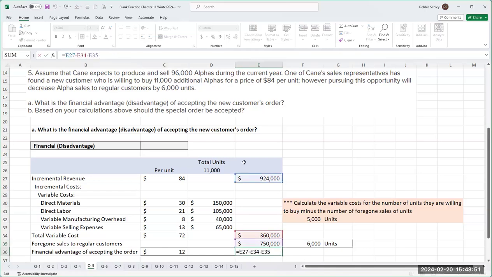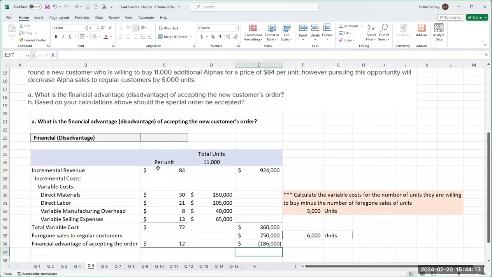Okay, so then we take, that's why I didn't want to do the negative because of the way I did the problem right here. Instead of doing sum, I just took the incremental revenue that we will get minus the cost minus the foregone sales. And that comes up with a disadvantage of $186,000.